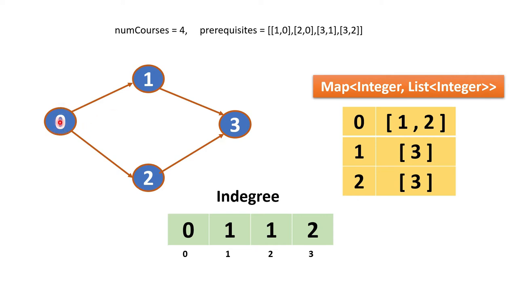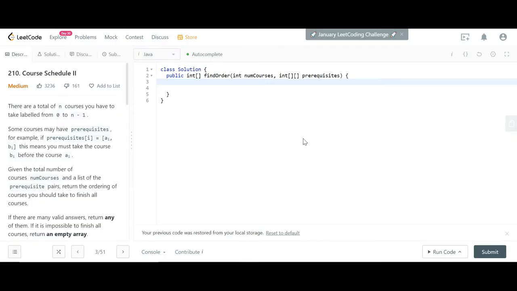For 0, all the edges are going outwards, right? So for 0, the in-degree value is 0. For 1, one edge is coming towards it, so it is 1. For 2 also it is 1, and for 3, edges are coming from both 1 and 2, so the in-degree value of 3 will be 2. So this is the first thing we have to define in the program. So we'll complete this part first.